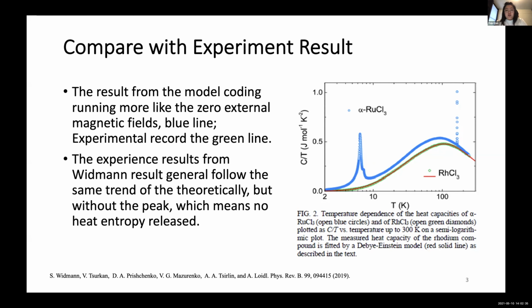So generally it follows the same trend of the experiment, but without the peaks, which means there's no heat entropy released.